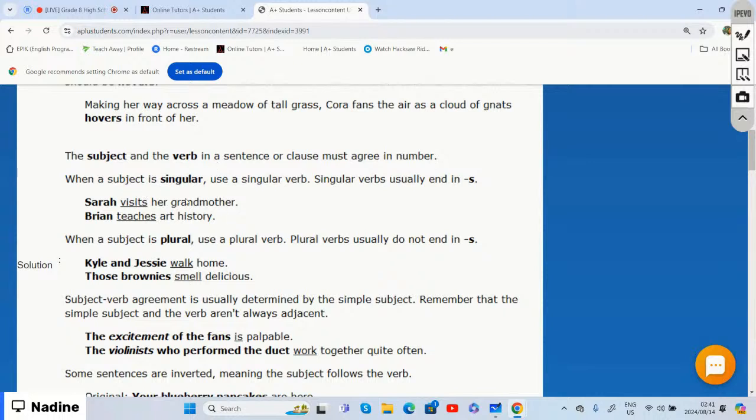So when a subject is singular, referring to either one person, animal, or thing, we use a singular verb. And a singular verb ends in S or ES.